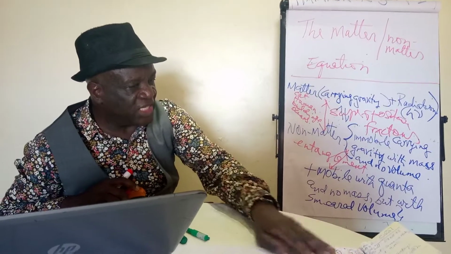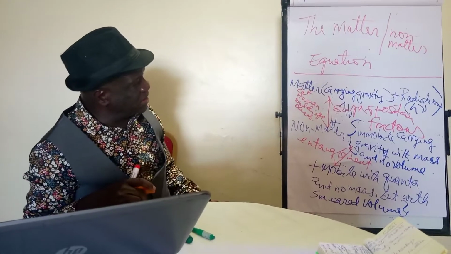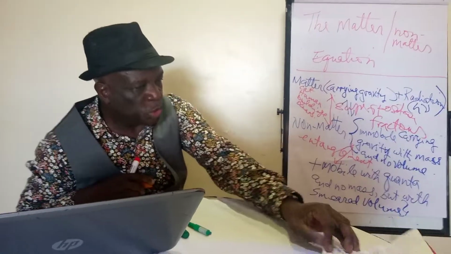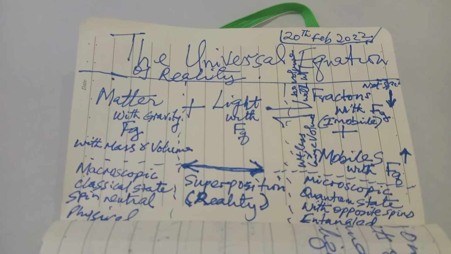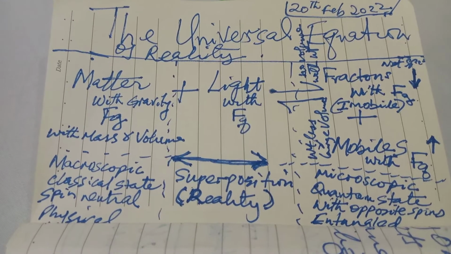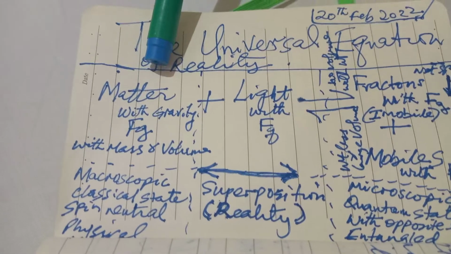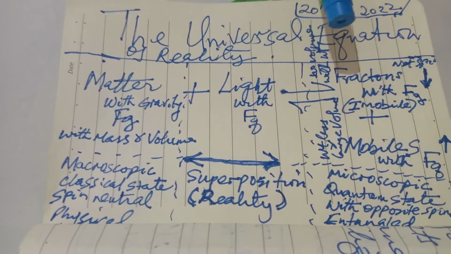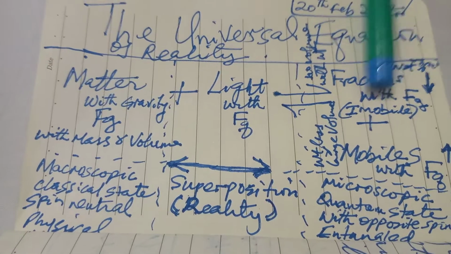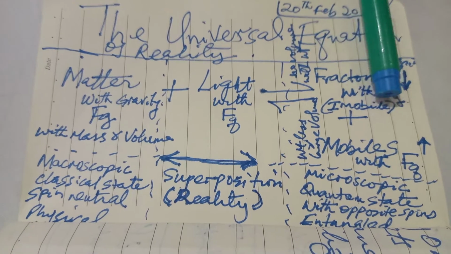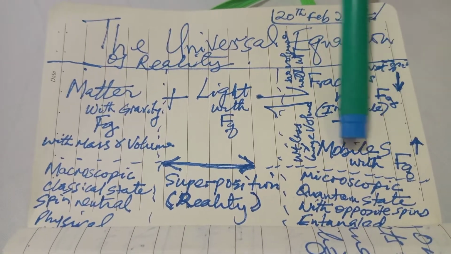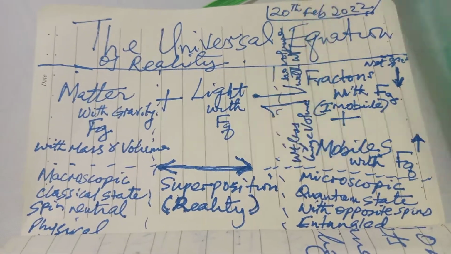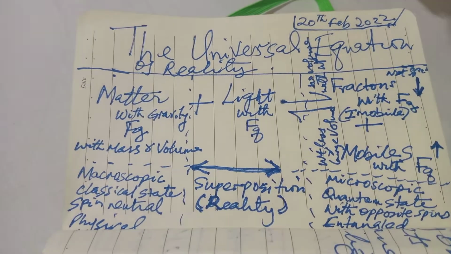And so we may just want to see how this concept of this equation came to my mind, and we can show you another diagram which came to my mind as I was thinking about what is real and how it is that things are in superposition. And in that diagram, you can see that when matter interacts with light, it becomes non-matter, which will be a component of the immobile phase, some of which may be what is referred to as fractons, and then it is also the mobile things, some of which are now all sorts of things, neutrinos, electrons, things moving around in a microscopic form.